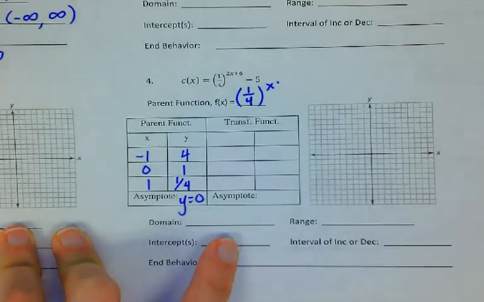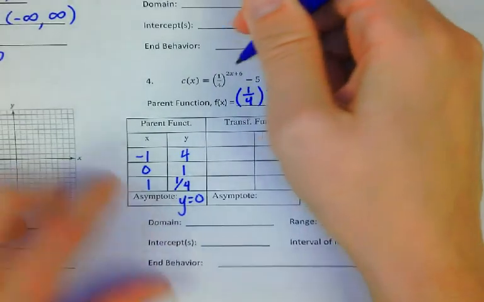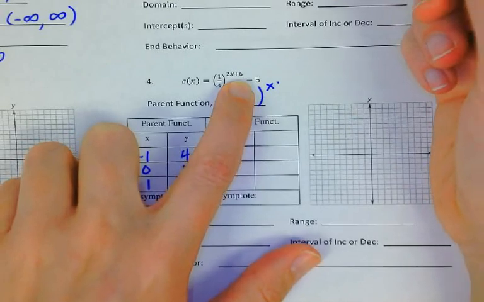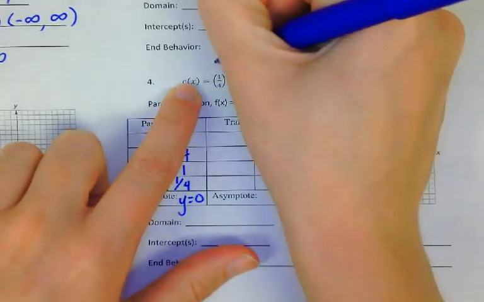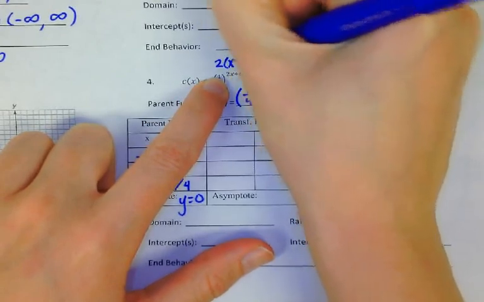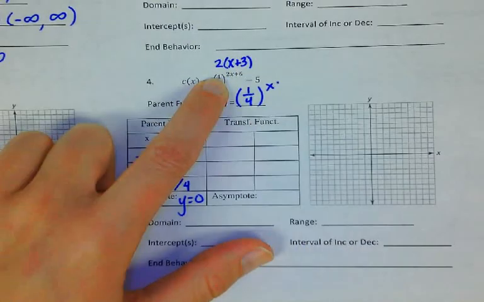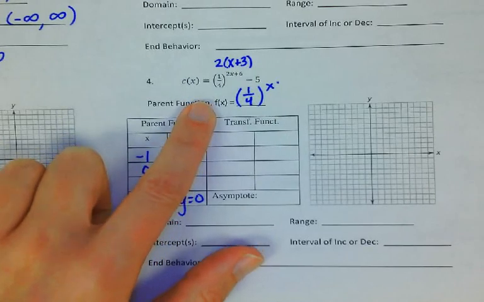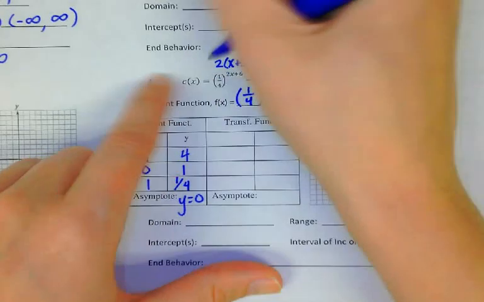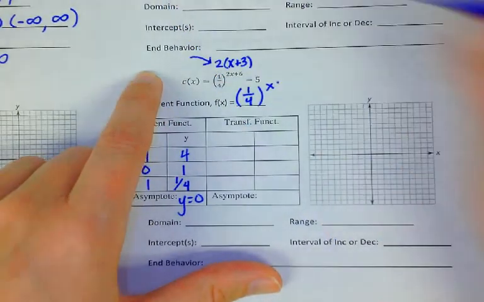Okay, now let's talk transformations. So, I see I have 2x plus 6 in my exponent, so we're going to have to factor out that 2, that b value, and it gives me an x plus 3. Okay, so as I look at my transformations, the exponent is everything horizontal.